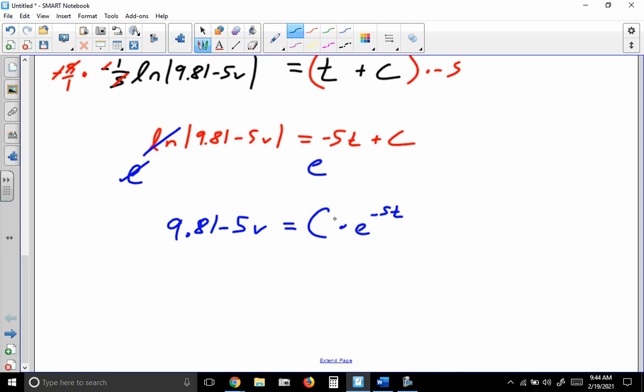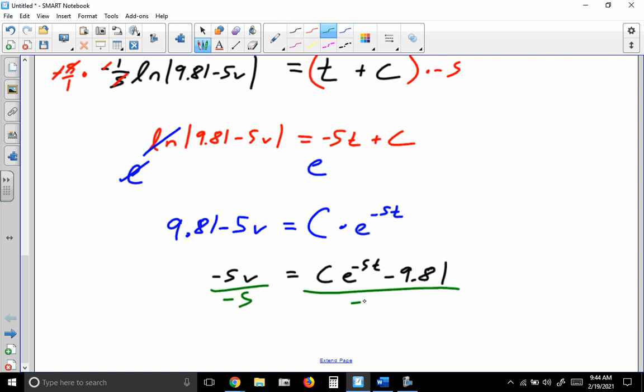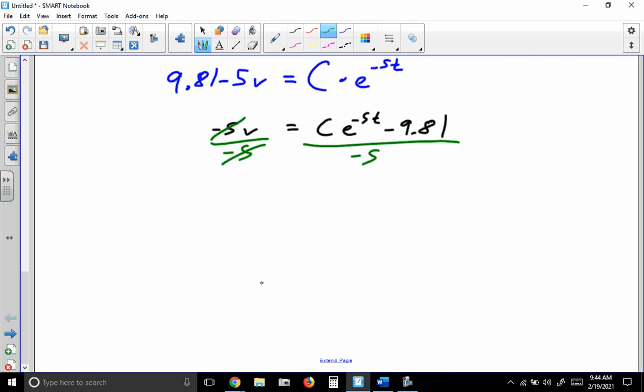We can subtract 9.81 from both sides. So c e to the negative 5t minus 9.81. Then we can divide both sides by negative 5. And this will give us v.